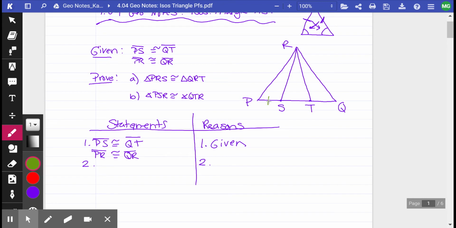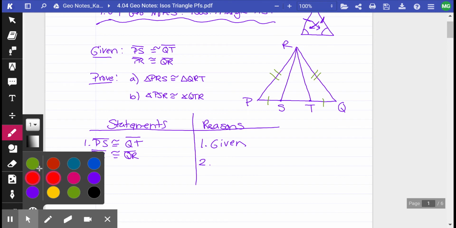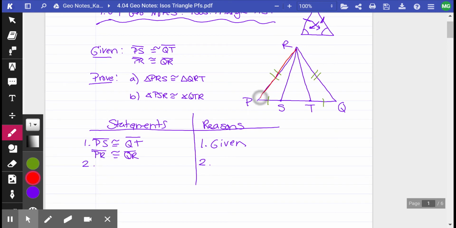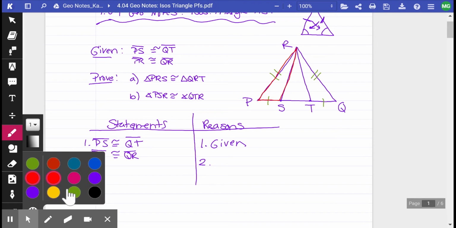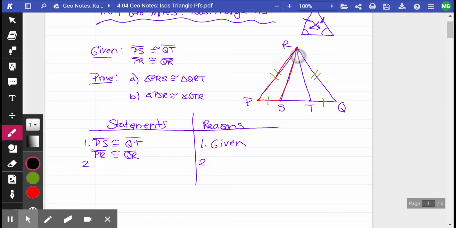I know segment PS is congruent to segment QT, and segment PR is congruent to segment QR. I want to prove these two triangles congruent, so I'm going to trace them. So PRS, and let's do a black one, QRT.